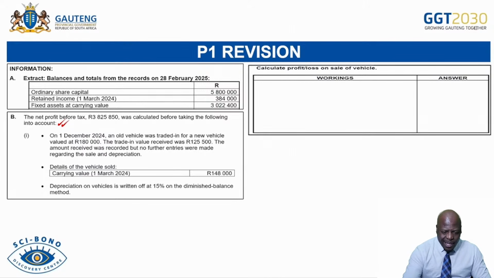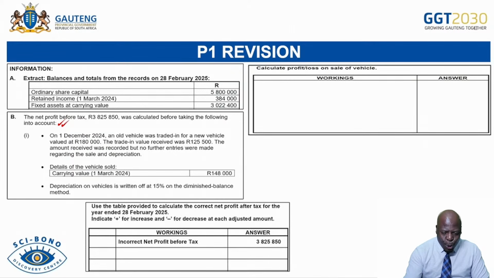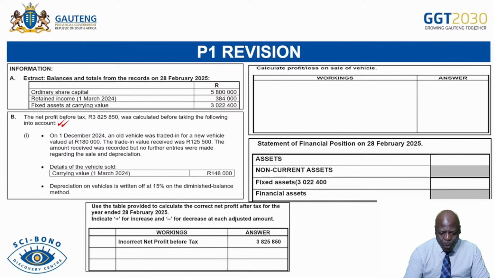At the same time, we're going to calculate the profit or loss on the sale of the vehicle. Let's see if we can do that. And so that I do not end up writing in the wrong space, we are going to show our answer on the correct net profit calculation, and we'll also show what goes into the statement of financial position.